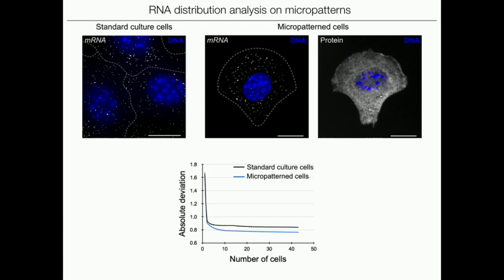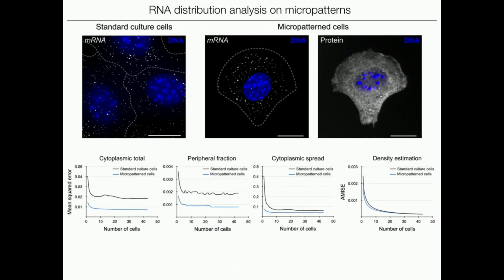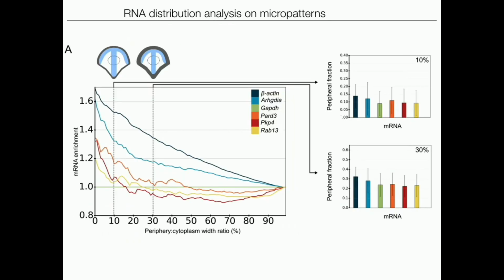So after about 30 cells, we see that we have very little deviation in the positioning of RNA and protein, suggesting that when cells assume specific geometries, whether they're epithelial cells or highly organized cells, they reproducibly position molecules in the same place.